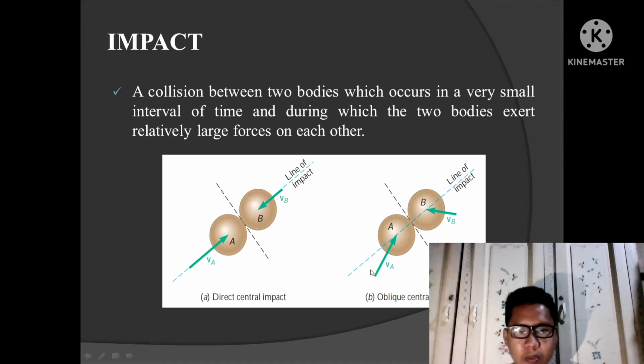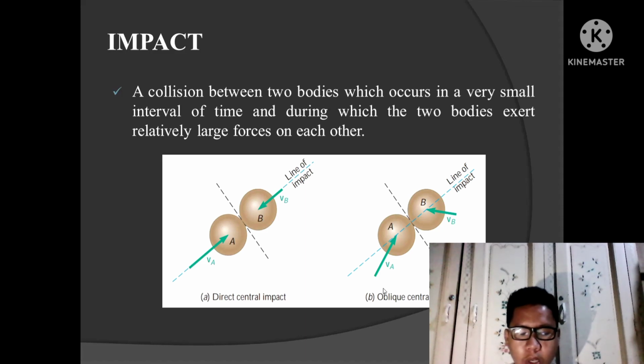The next one is the oblique central impact. This is when one or both particles move along a line other than the line of impact.